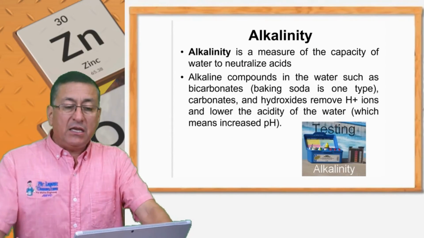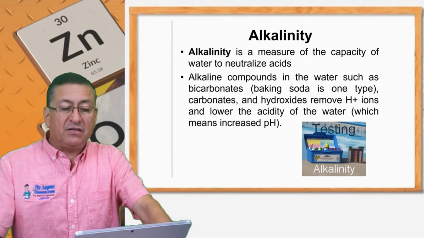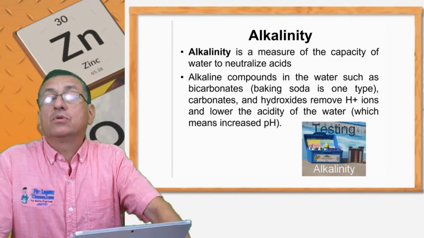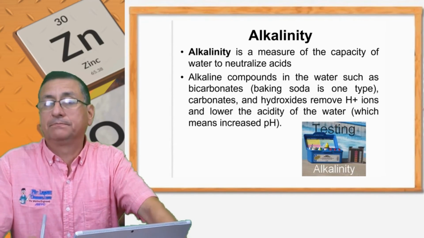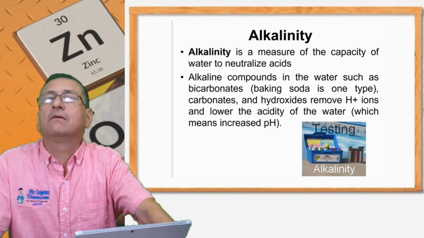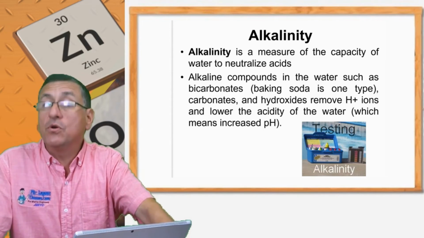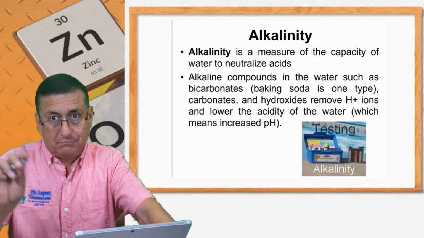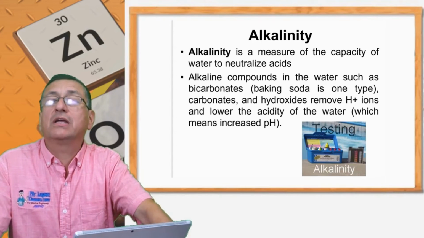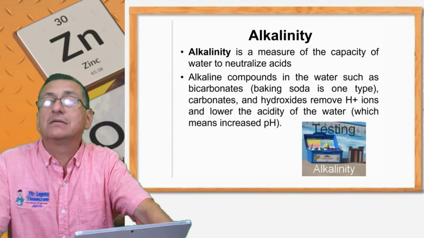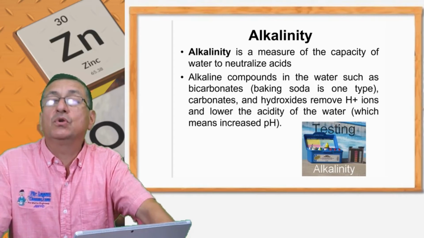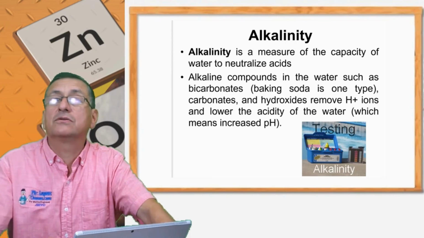Alkalinity is the measure of the capacity of the water to neutralize acids. Once again, for that reason you need to drink pure water, minimum 6 glasses, in order to neutralize the excessive acids produced by different foods.